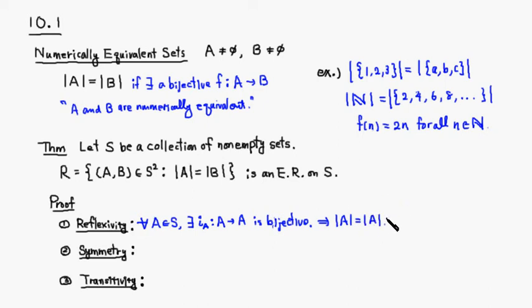So A is related to itself by this relation R. This tells you that it is reflexive.